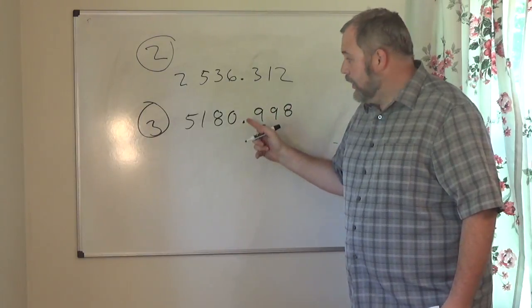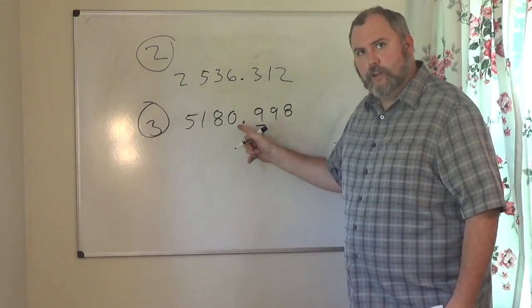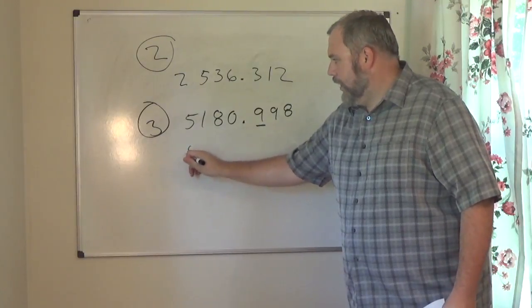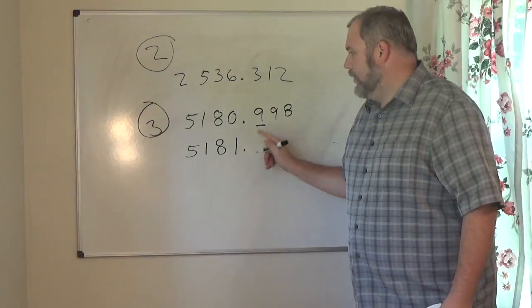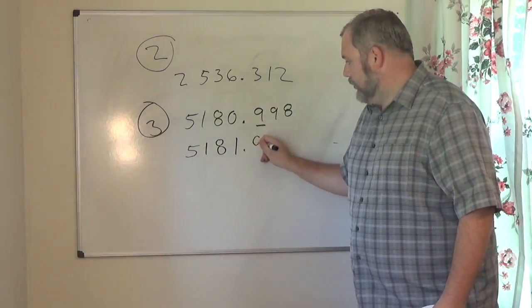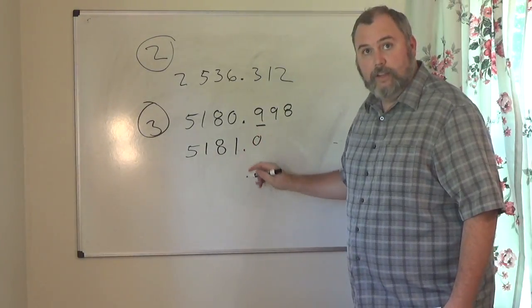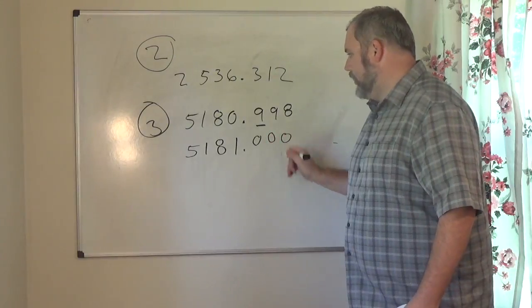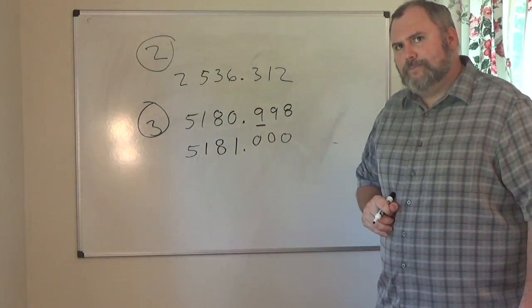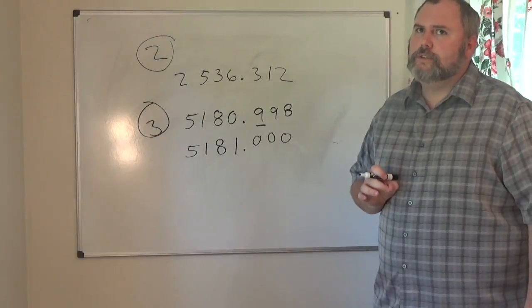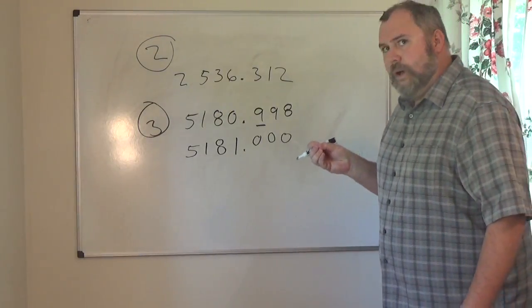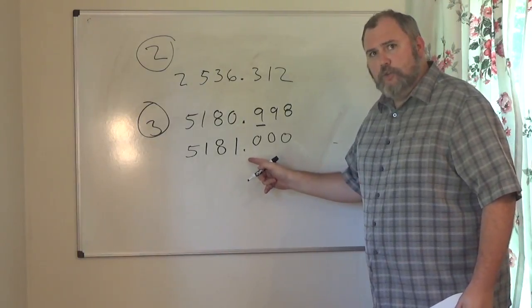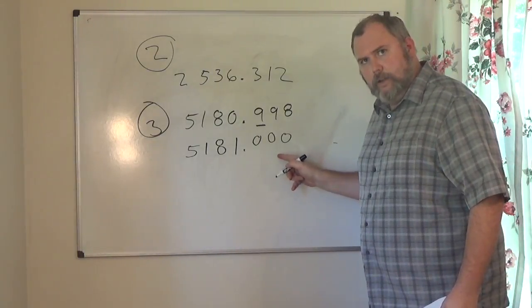Well, when that happens, that 1 from the 10 comes over here. So we now have 5181. That 9 became a 10. That 1 had to go over to this place. And all of this is 0. Okay? Now, I told you to round to the nearest tenth, right? Well, what's that mean? Normally, you would just drop these 3 zeros.